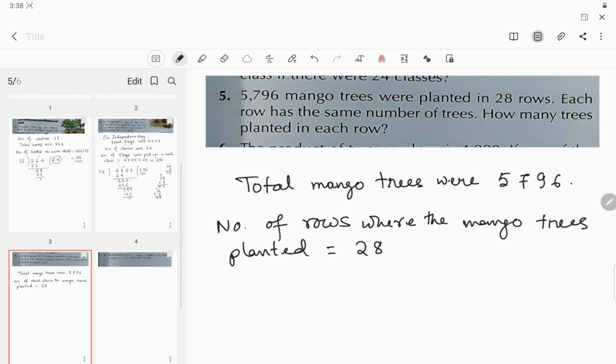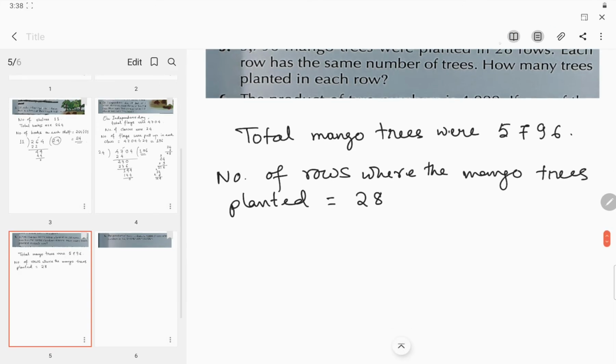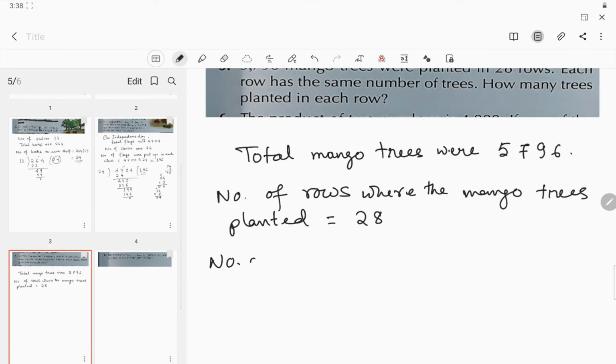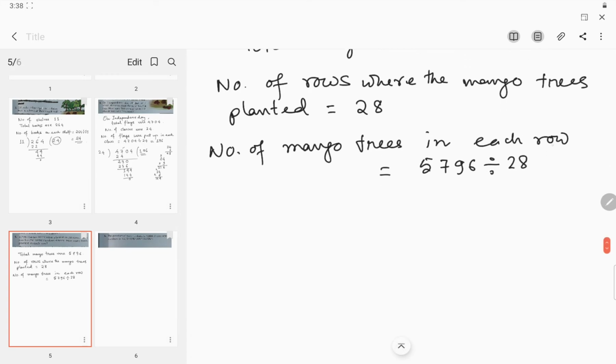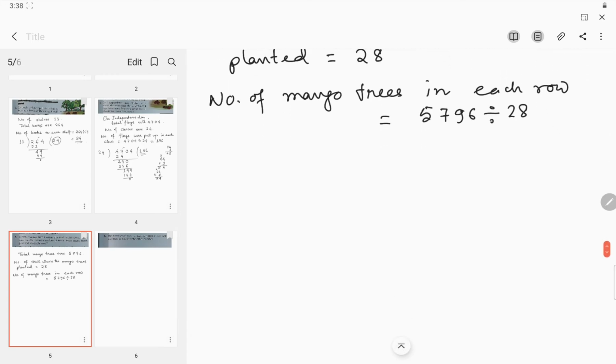Now how many trees were planted in each row? So the number of mango trees in each row is equal to 5796 divided by 28. So after getting this result, you will get the answer.